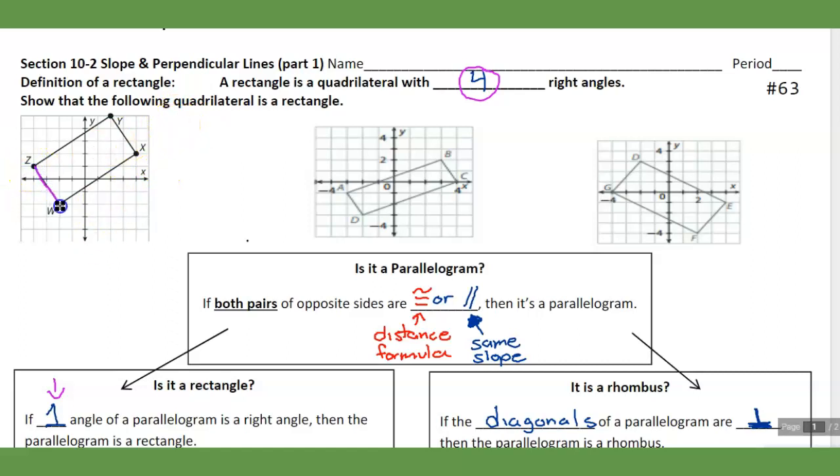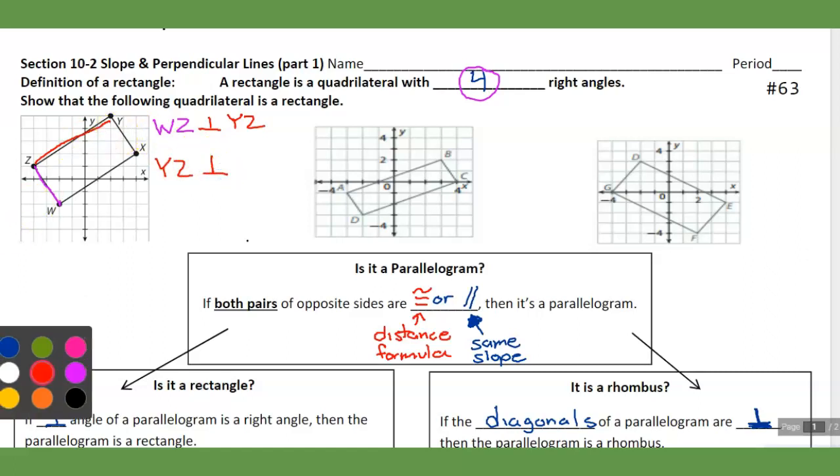Basically, you have to show that WZ would have to be perpendicular to YZ, right? Then you'd have to show YZ is perpendicular to YX, right? Then you just keep on going.